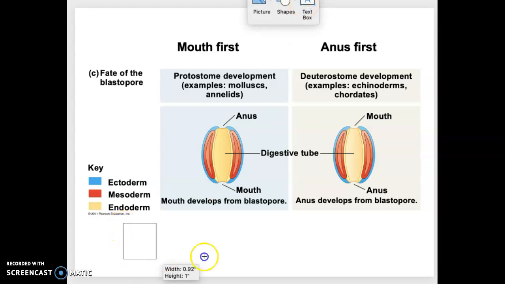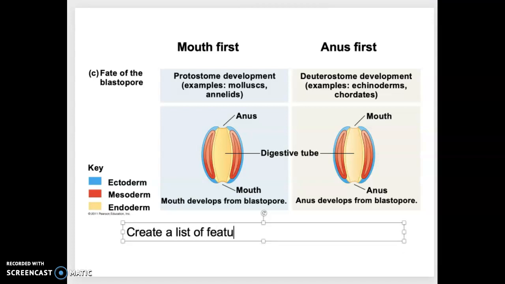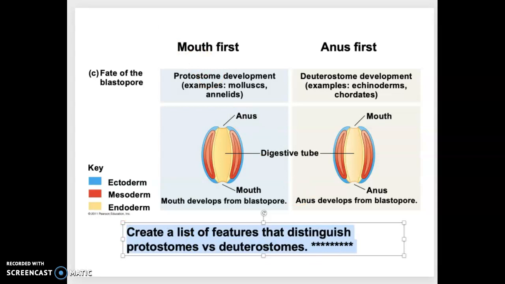What I want you to start to do is create a list of features that distinguish protostomes from deuterostomes.